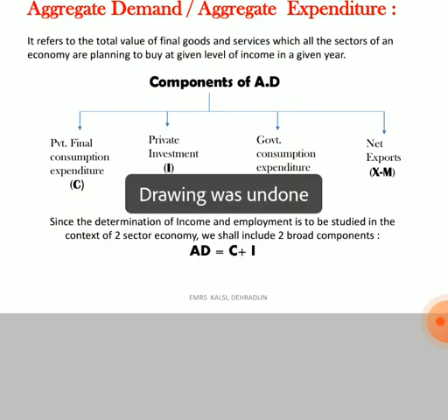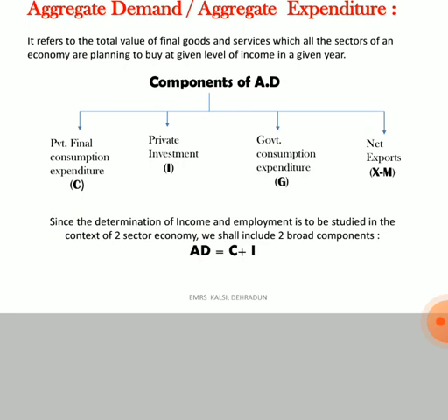This is very basic, very easy, because we have studied the components in previous classes, in the expenditure method. We learned about the different components where the citizens are spending, where the businessman is spending, where the government is spending. The components are the same as the components of the expenditure method, so both are the same thing.